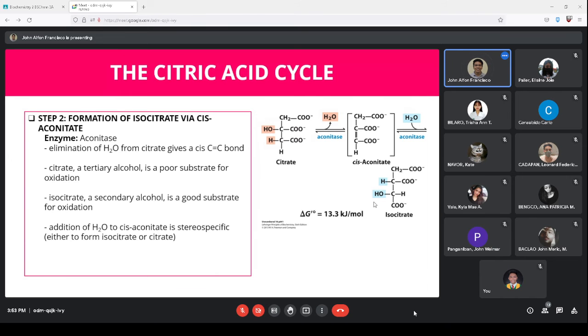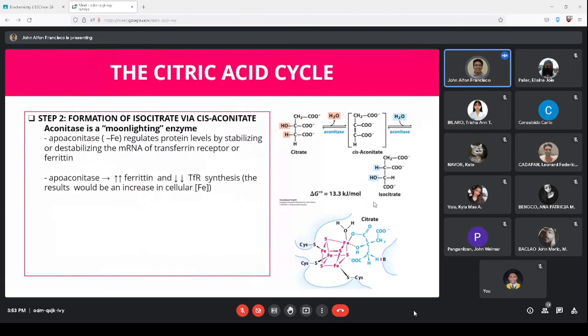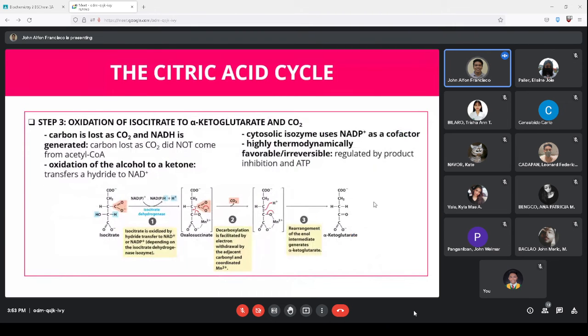Alright? Then afterwards, yung isocitrate mo will be oxidized. So, kailangan natin siya i-oxidize for the production of CO2 and NADH, mga proton acceptor that will be involved in production of other energy of ATP.